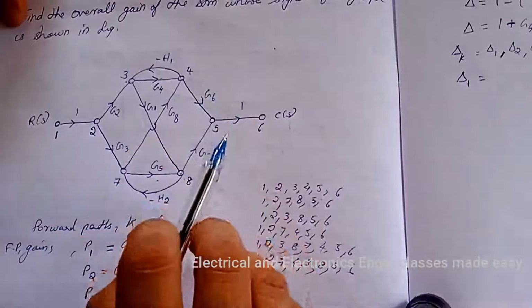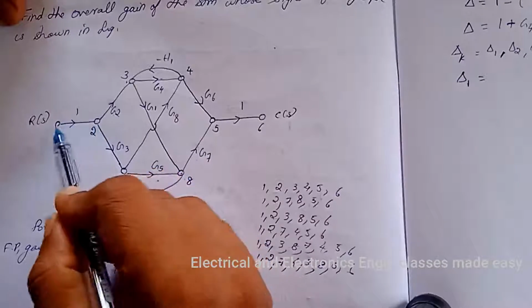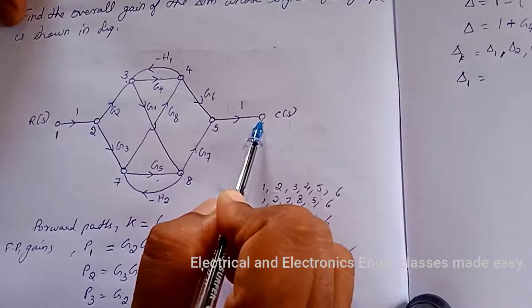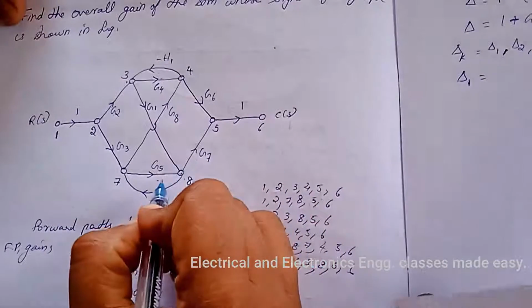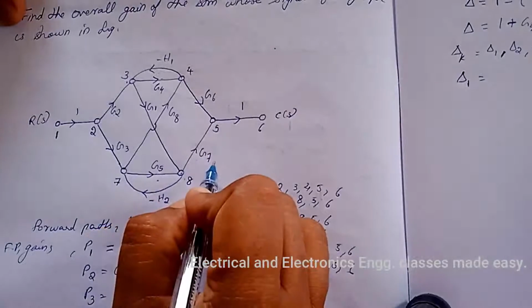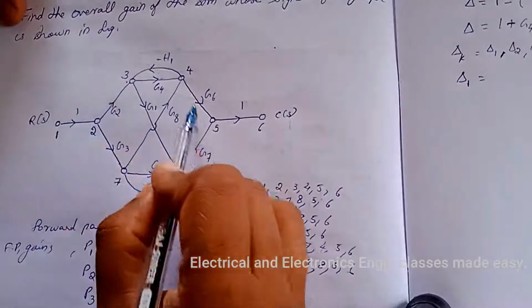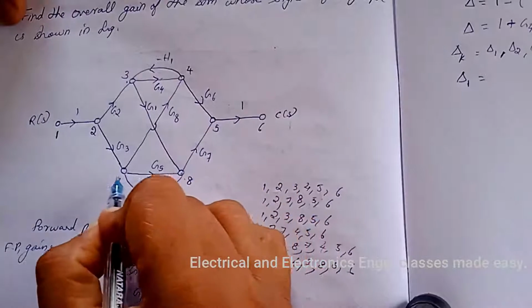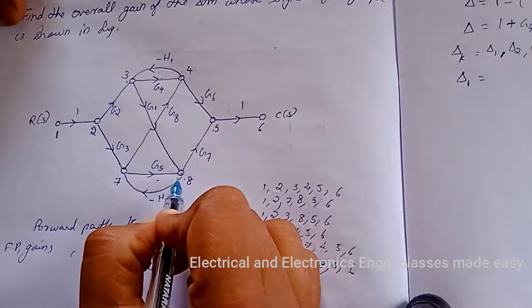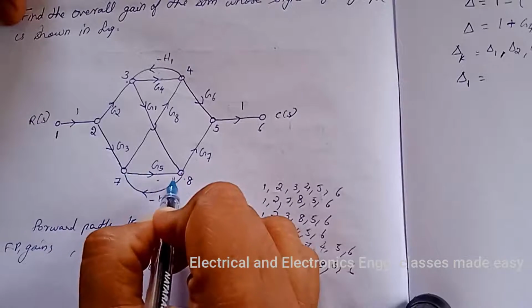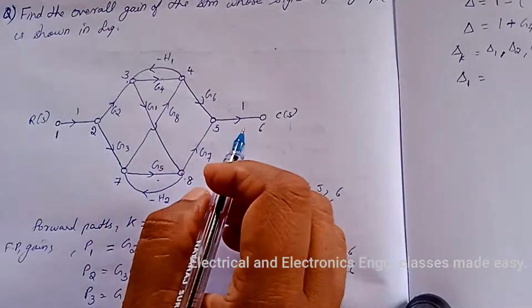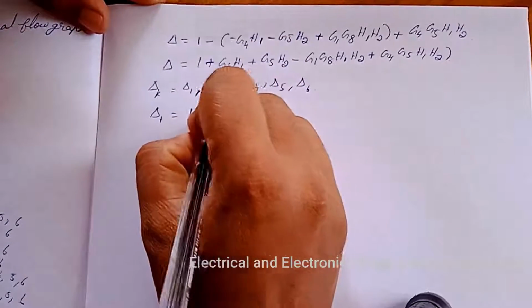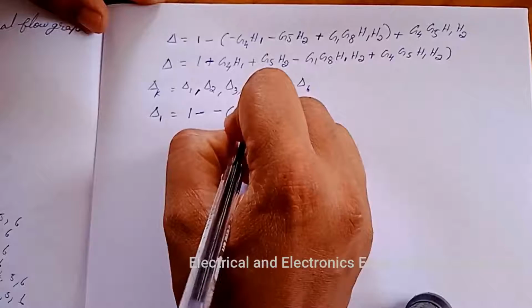So delta 1 is 1 minus sum of individual loops. For this forward path, the individual loop is this one, so 1 minus G5 H2.